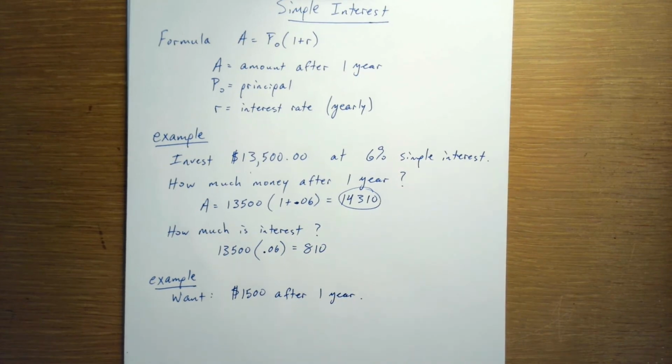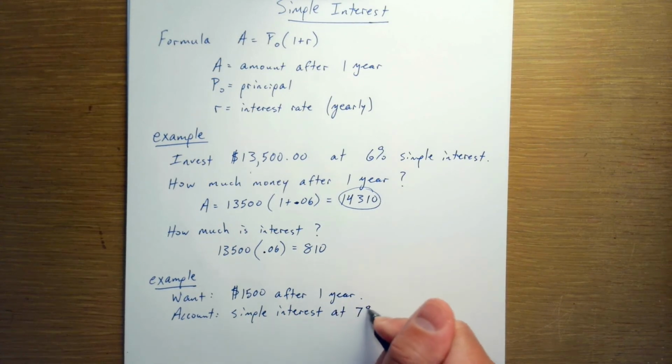So you're willing to wait 1 year for this $1,500, and you have an account that has simple interest, and it's 7%. That's your yearly interest rate, 7%.